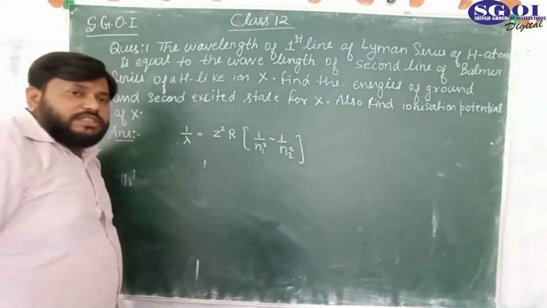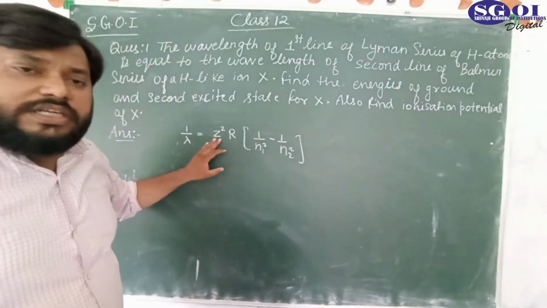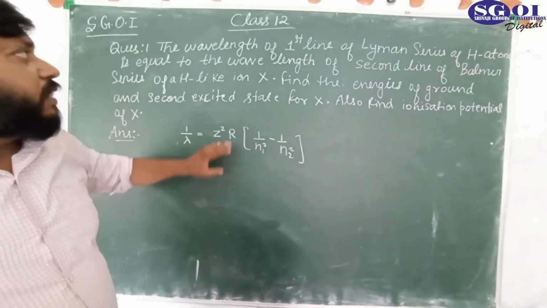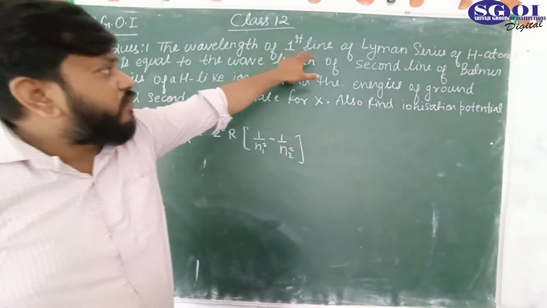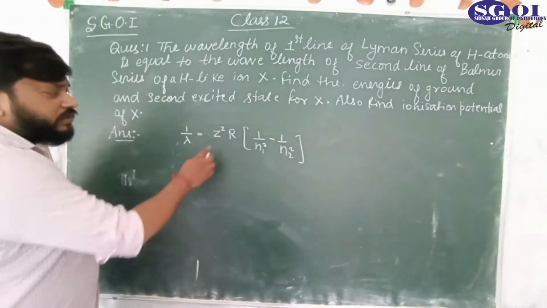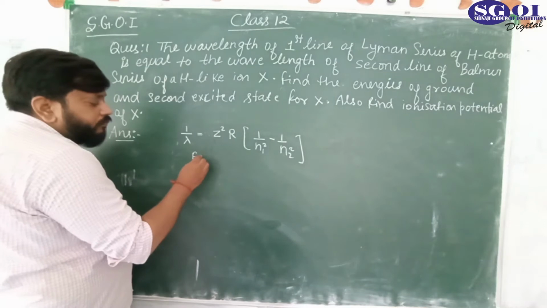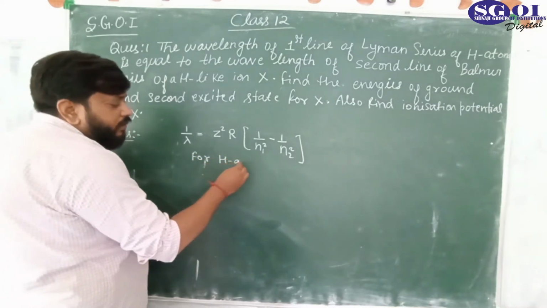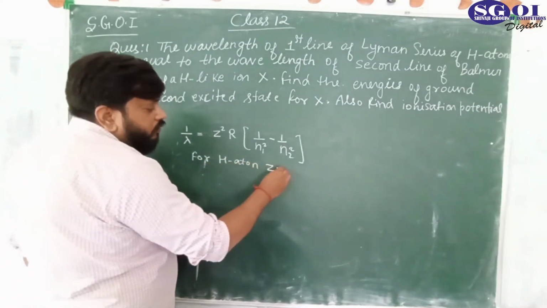Here Z is the atomic number of the element. But here we have the wavelength of the first line of the Lyman series of the hydrogen atom. So for the hydrogen atom, Z equal to 1.